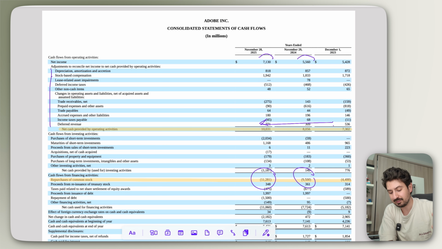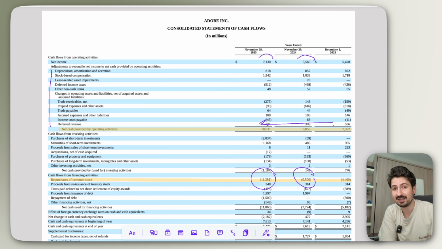So Adobe is spending $9.5 billion in FY24 to repurchase shares, $11.28 billion in FY25 to do so, and then they've also authorized in FY26, we'll get into this a lot later, but for FY26 and beyond, they've done another authorization of like $25 billion.